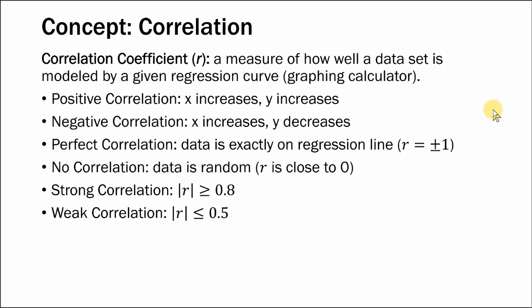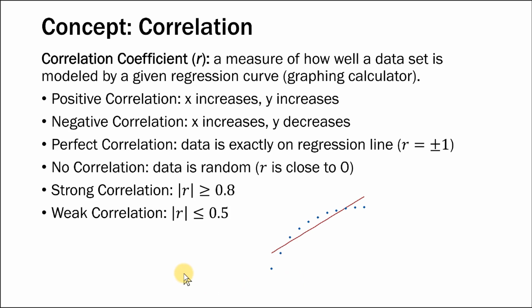Your calculator will give you a value for r. If that value is greater than or equal to 0.8, then it's going to be a strong correlation. And if it is below 0.5, then that's going to be a weak correlation.